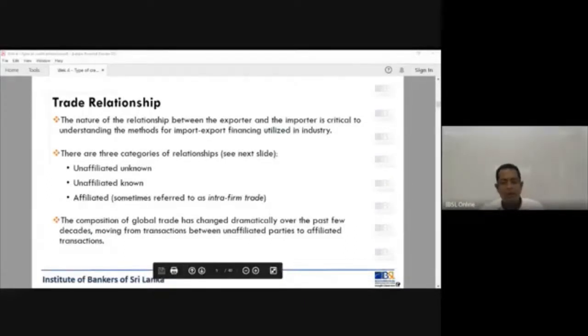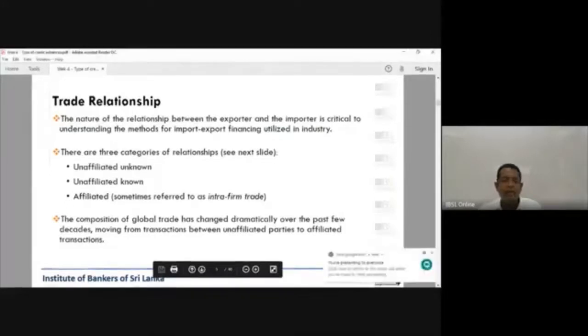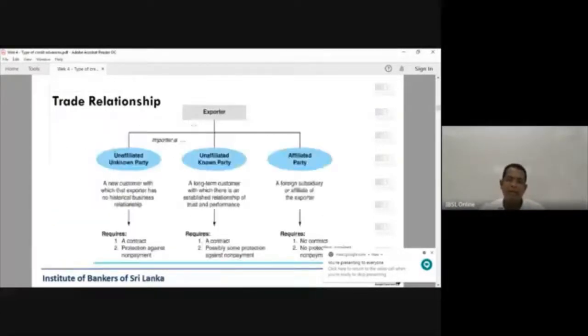We know the patterns. Then affiliated companies, your subsidiaries in other countries, right? These are unaffiliated unknown, unaffiliated known, affiliated. These are the types of things.